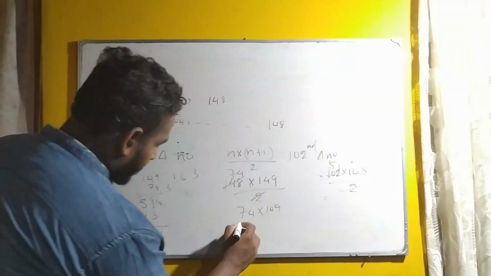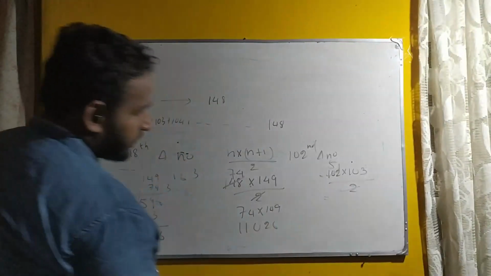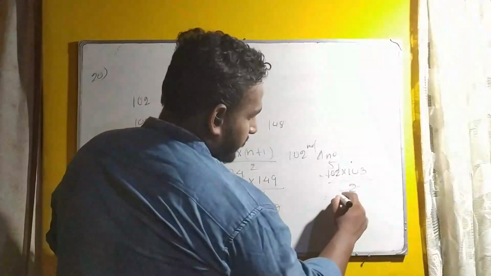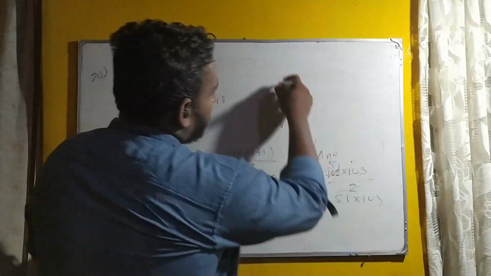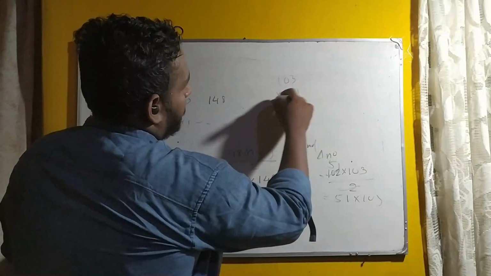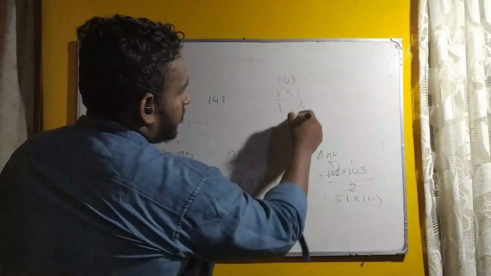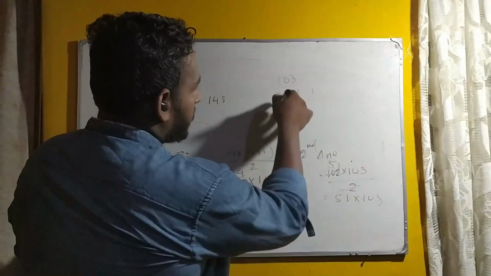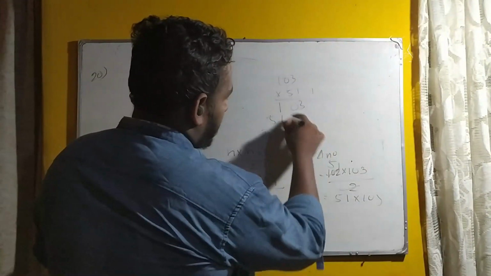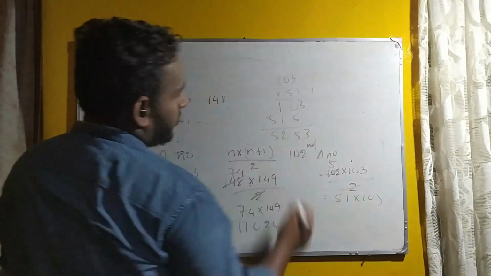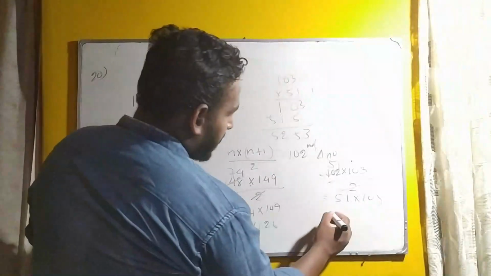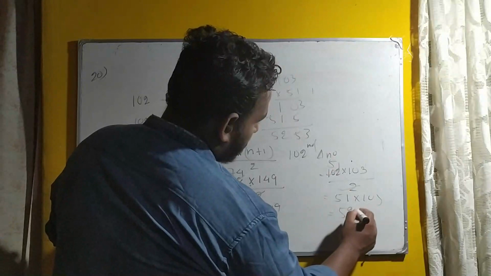If you multiply this, you get 11026. Then 51 into 103: 103 multiplied by 51. So the answer of this is 5253.